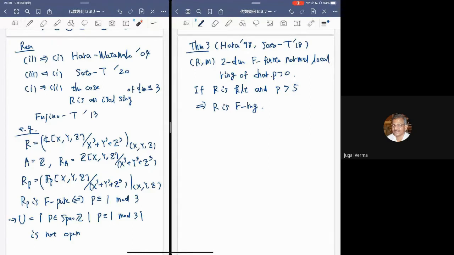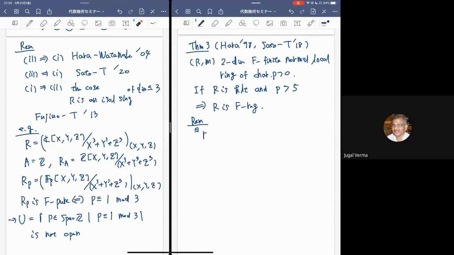This is quite a useful result. Let me give a remark. Here I said KLT, but in my previous talk, I defined KLT singularity only in characteristic 0.